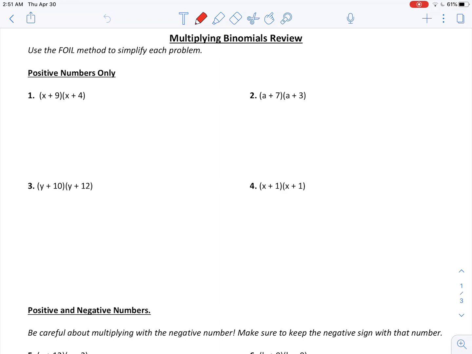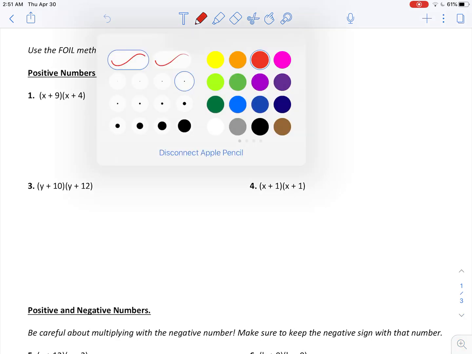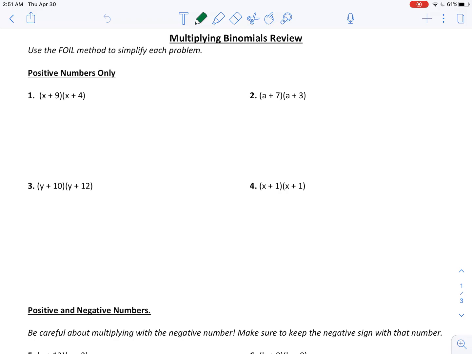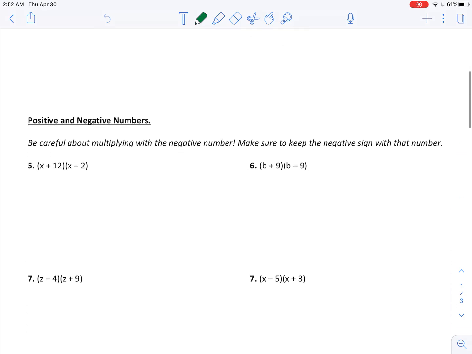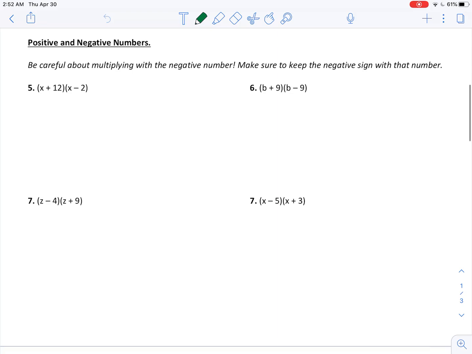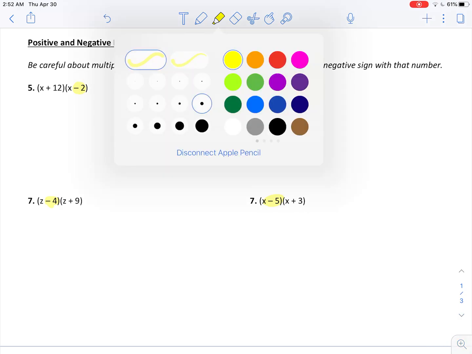So, today we're going to review multiplying binomials. We've got three different types here. We've got positive numbers only, where I have x plus something else. We've got positive and negative numbers, where we have x plus something, x minus something, or b plus something, b minus something, and I've kind of mixed those all in together.